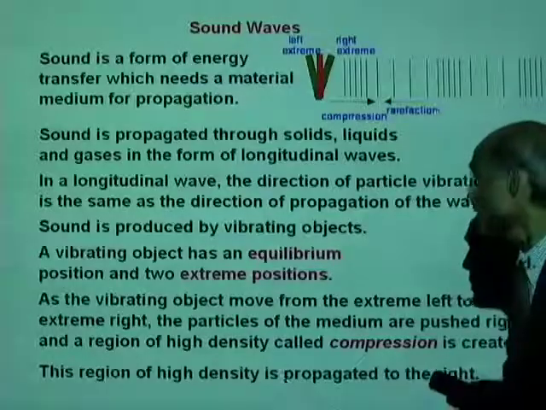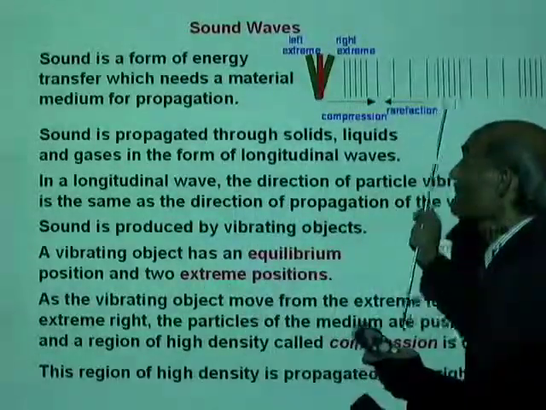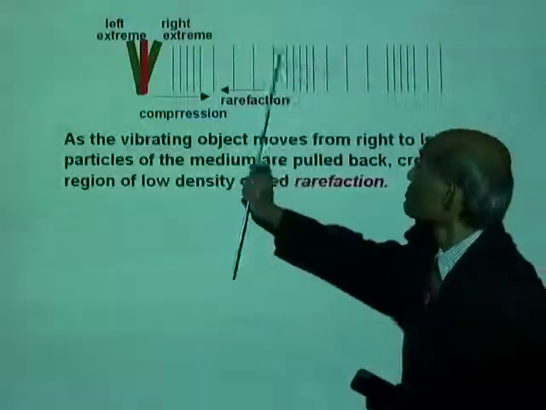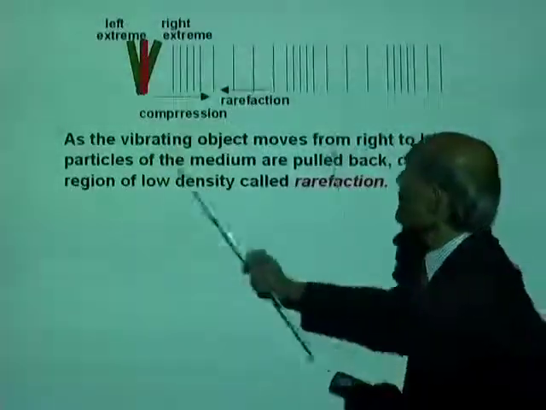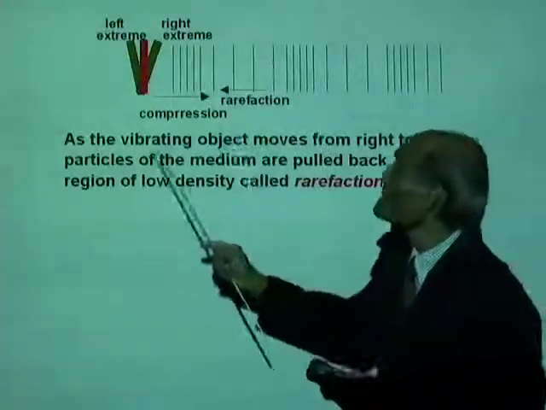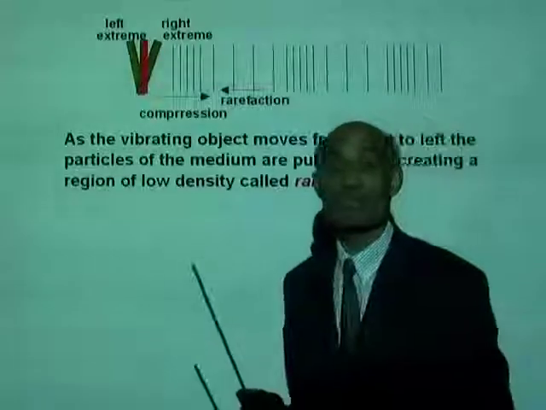And this region of high density is propagated to the right. Now, in the same way, as the vibrating object moves from right to left, the particles of the medium are pulled back, creating a region of low density called rarefaction.